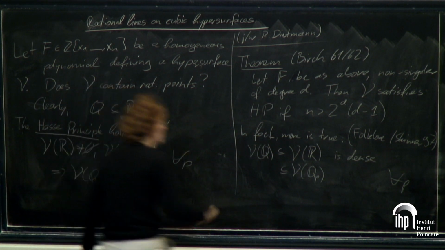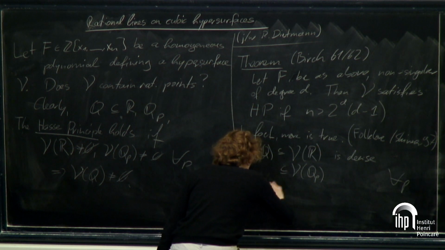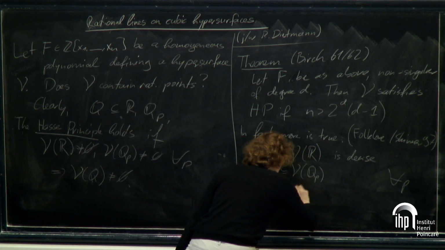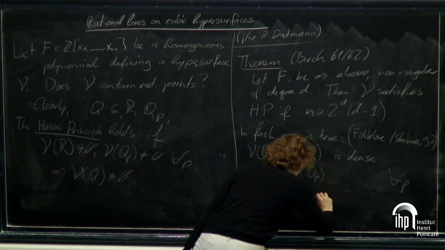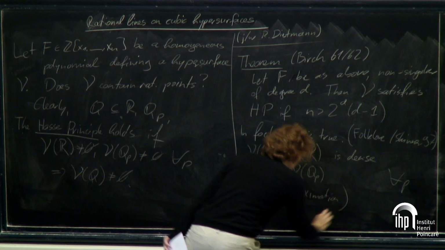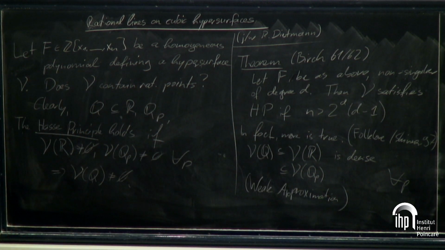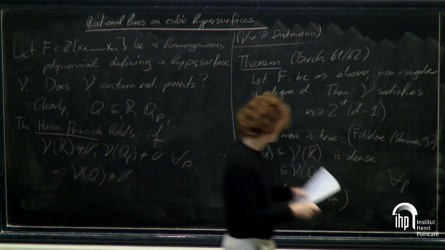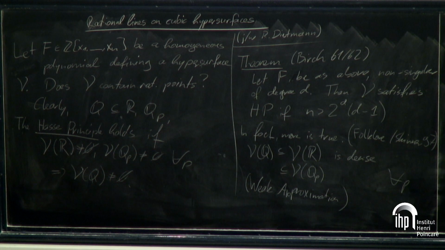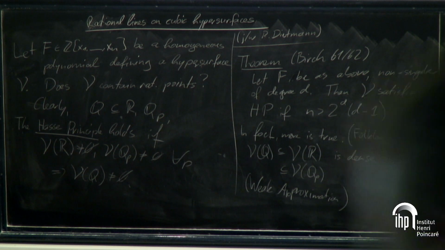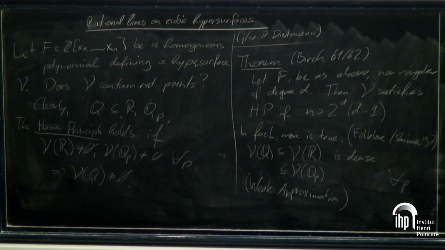So yeah, and this is weak approximation. So we've got a Hasse principle. So all we still need is real and p-adic solubility. And what do we know there?